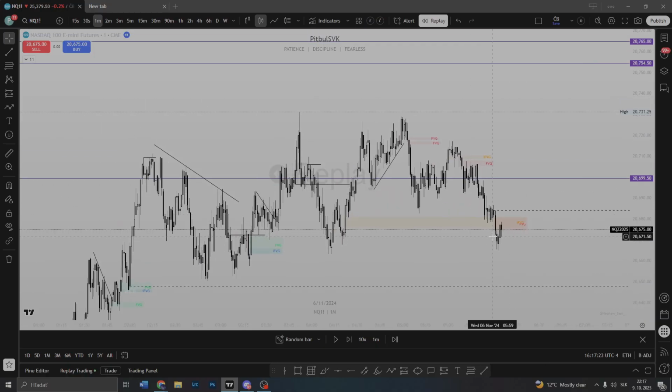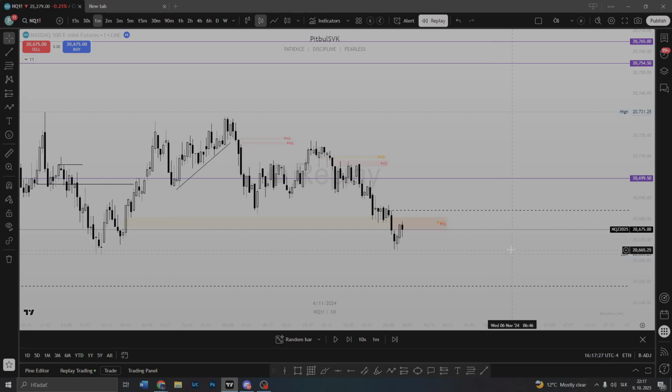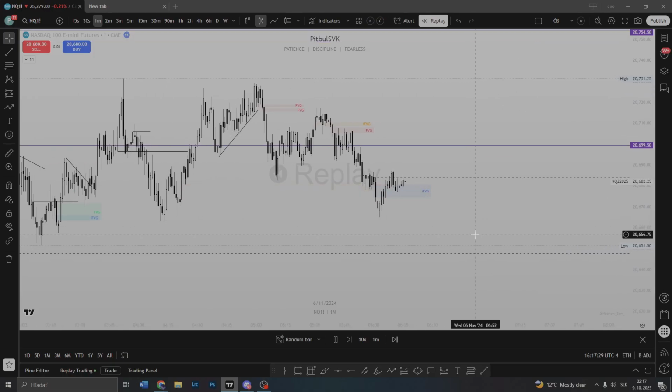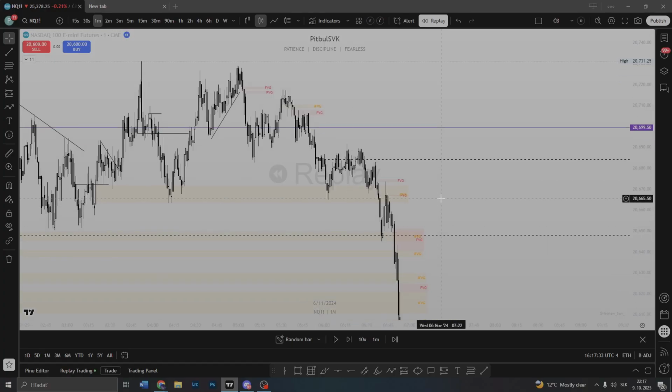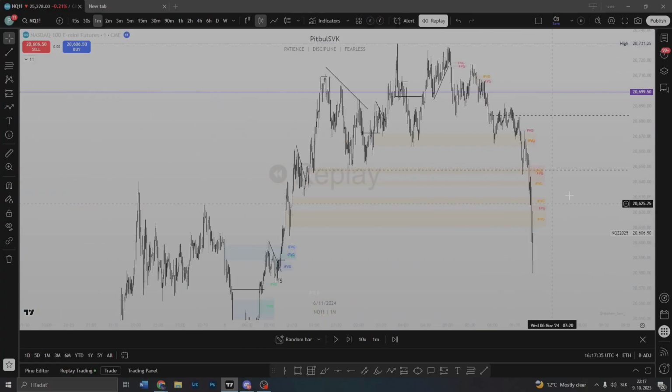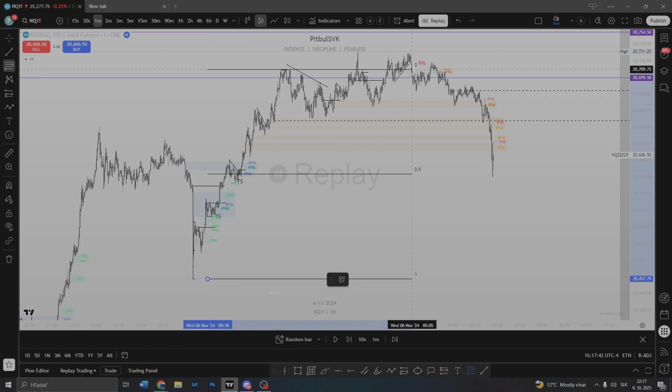Okay, 6 AM opening. We go a little faster right now. Accumulation. Expanding lower, taking some liquidity. So now, from low to the high, we are already at 50%.